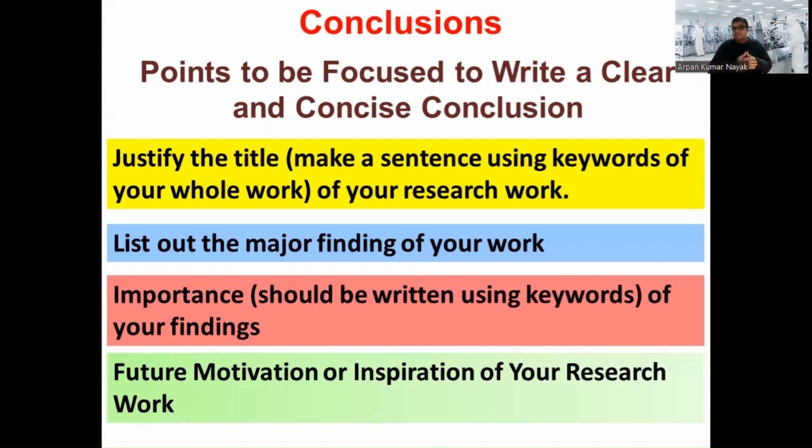The last sentence should be the future motivation or inspiration. Those who read your article will get a motivation or inspiration about your work, that it has future prospects, so that they can also follow this article for their research work.